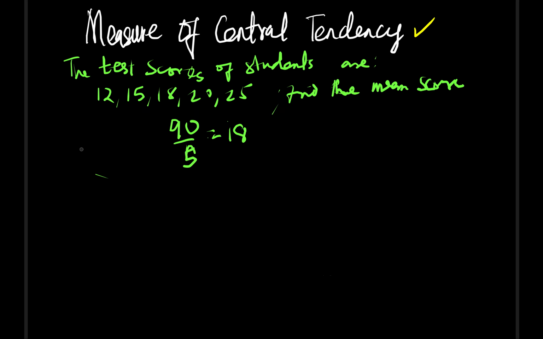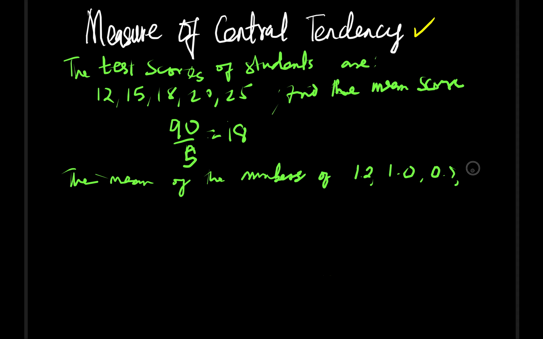What if you have the numbers to be... they say maybe, the mean of the numbers, you can write the question down. The mean of the numbers 1.2, 1.0, 0.9, 1.4.